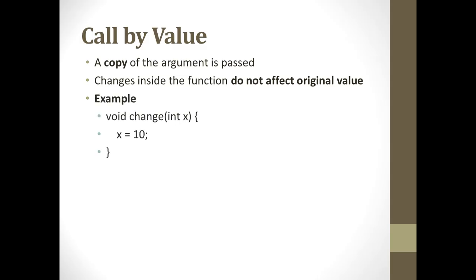Here's an example. Let's just look at this function. Forget about the name that we call this function. What we want this function to do is to change the value of x. So I want to change the value to 10, or maybe to a multiplication of the value. I say change it to 10, for instance.